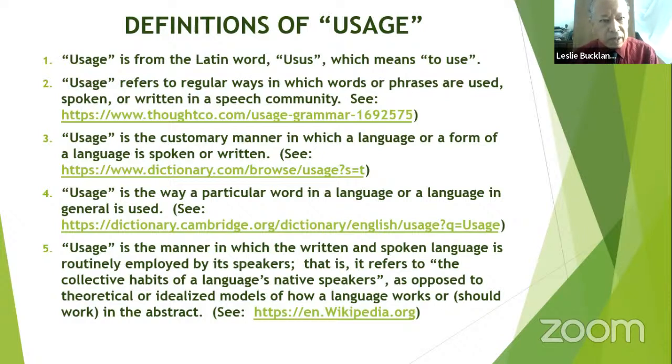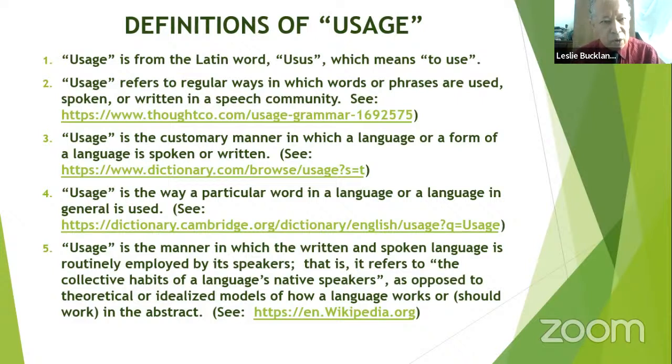Number 2, usage refers to regular ways in which words or phrases are used, spoken, or written in a speech community. Now, when it is said a speech community, it means a group of people that speak the same way and that speak the same language.